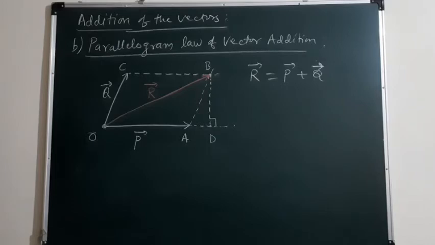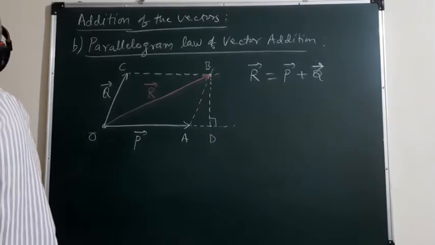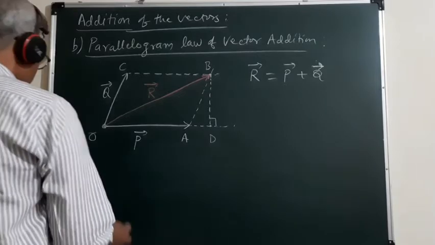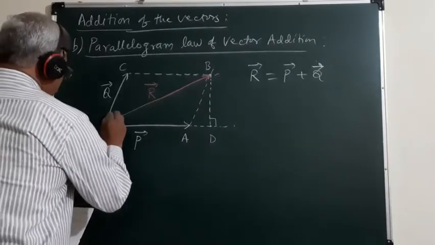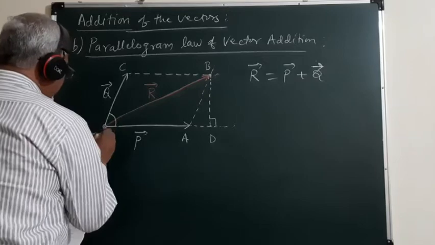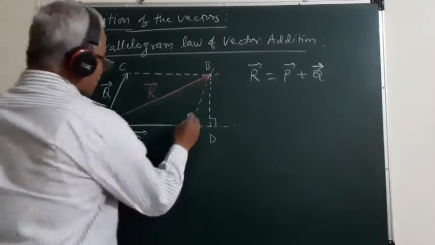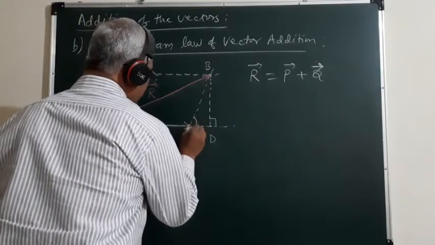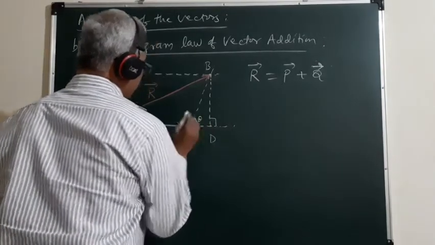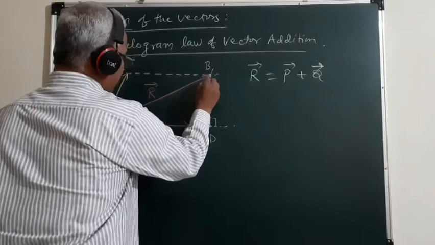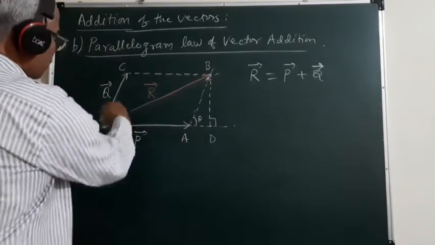Here, if theta is the angle between P bar and Q bar, then this angle is also equal to theta. This is the vector P bar and this is the vector Q bar.